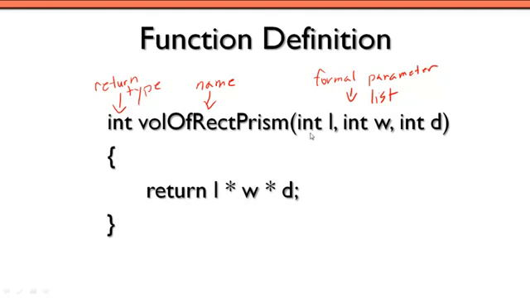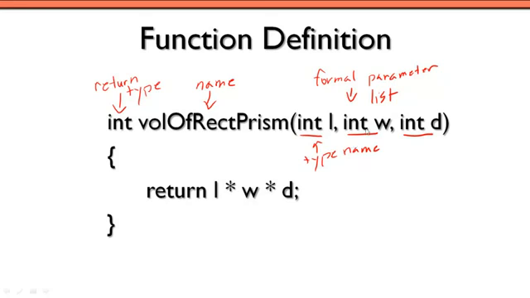And you'll notice that each one of these formal parameters here, so we actually have 3 formal parameters listed out, and they're separated by commas. And each one of them has a type and a name. So we're specifying a type and a name for each one of these formal parameters. So it's not unlike what we do whenever we actually declare a variable. And what we're actually doing is declaring a variable here that can be used inside of this particular function. So you can actually make use of L, W, and D, as we'll see inside the function body.